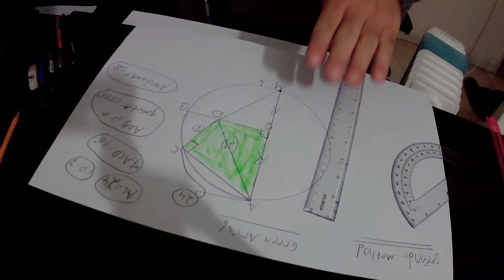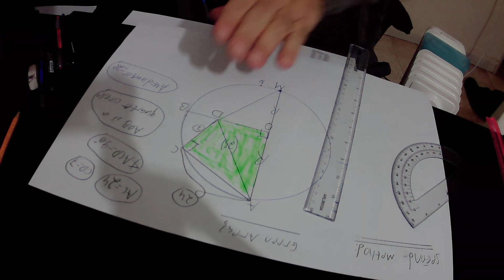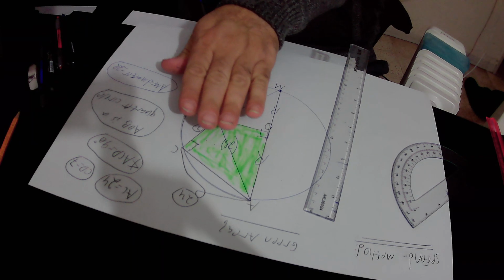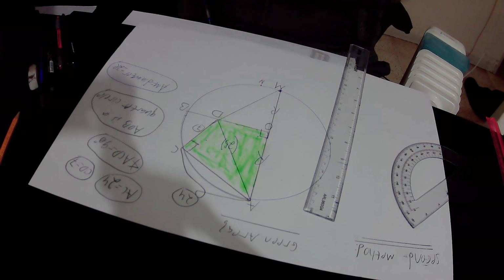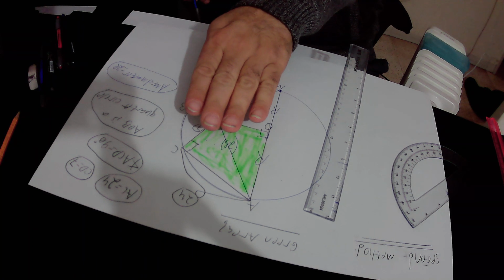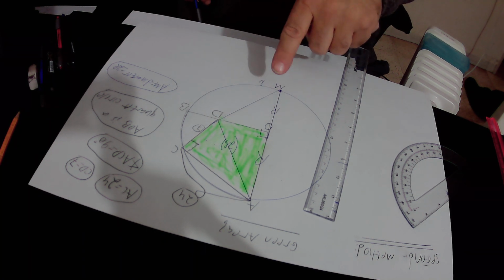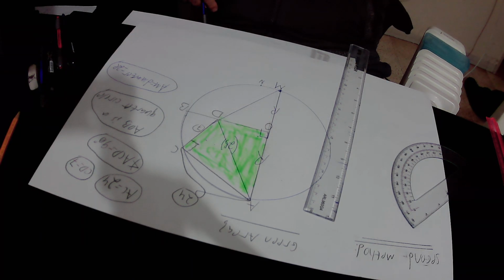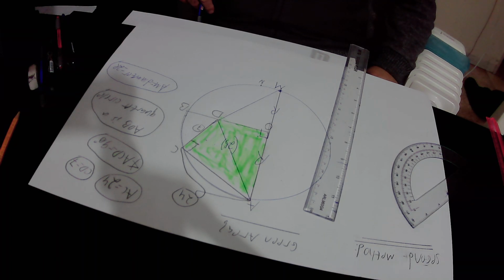We focus on this side of the diameter AM. AM is the diameter, it is absolutely a straight line, so we focus on this side of AM at point O. The sum of the angles on this side of AM at point O must be equal to 180 degrees according to the rule that the sum of the angles on one side of a straight line is equal to 180 degrees.